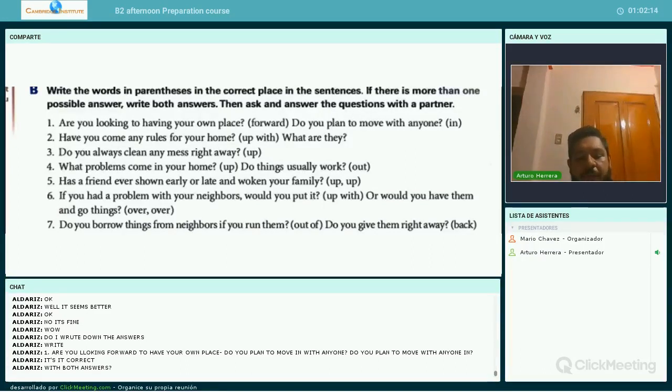Are you looking forward to moving? In this case we have to as a preposition. Remember, after any preposition, we need to write the verb with ing.